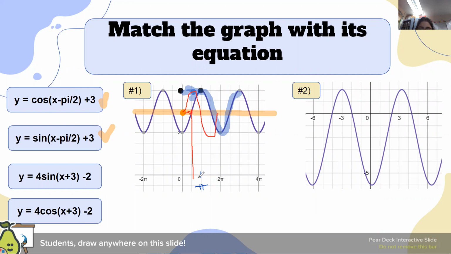And if the blue tick mark was pi, this is definitely pi over 2. So if I'm starting with sine, I can shift it to the right pi over 2, which means my correct equation would be the second one. It was not the first one because cosine moved over by pi units, and that was not an option in my multiple choice.